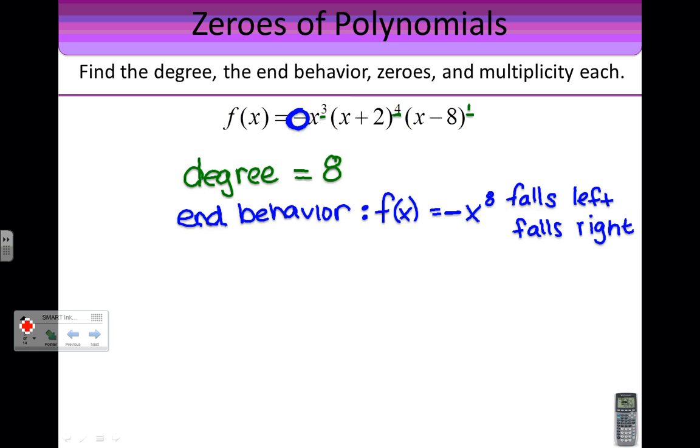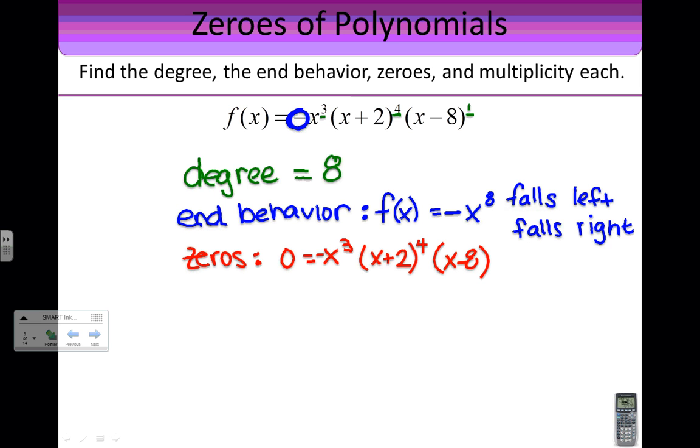All right, so then our zeros are x-intercepts. So we're setting our equation equal to 0 and solving for x. So we have negative x to the third times x plus 2 to the fourth times x minus 8.